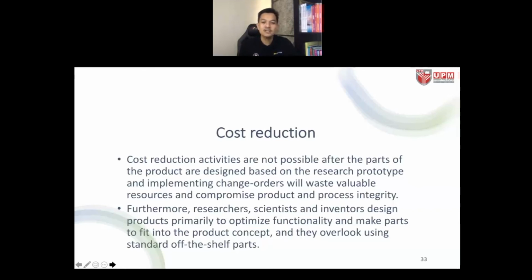Furthermore, researchers, scientists, and investors design products primarily to optimize functionality and make parts to fit into the product concept, and they overlook using standard off-the-shelf parts, because when you do design, you forget that sometimes you may just buy off the shelf certain parts. You do not have to build it from scratch, because it's much cheaper.